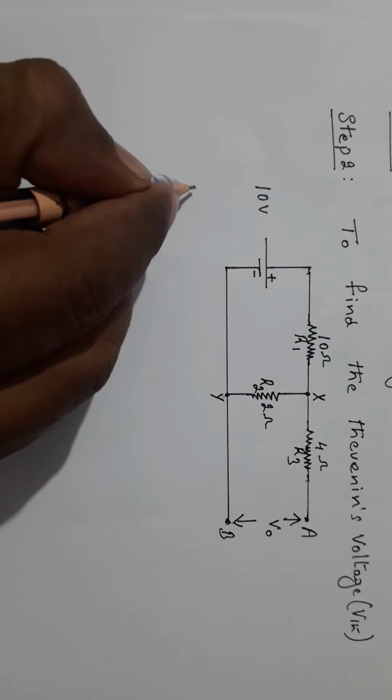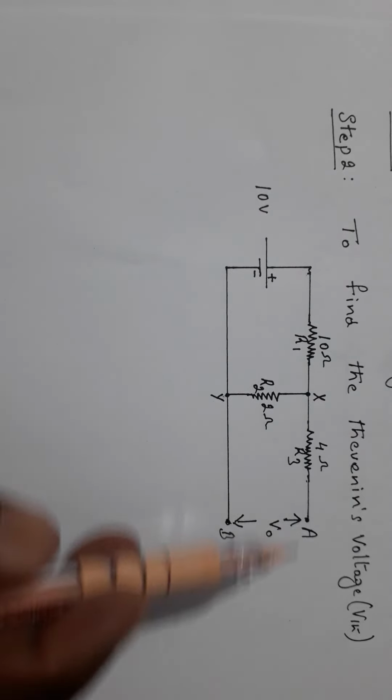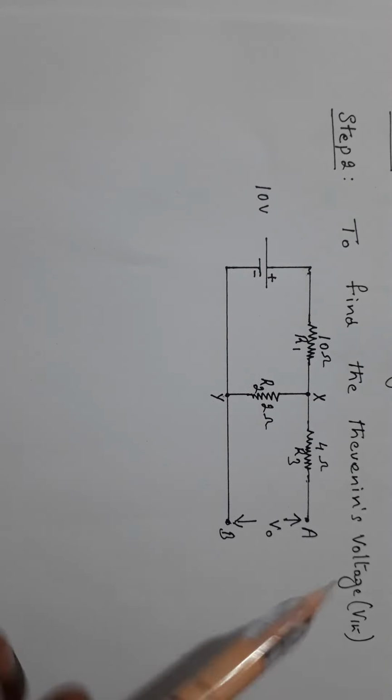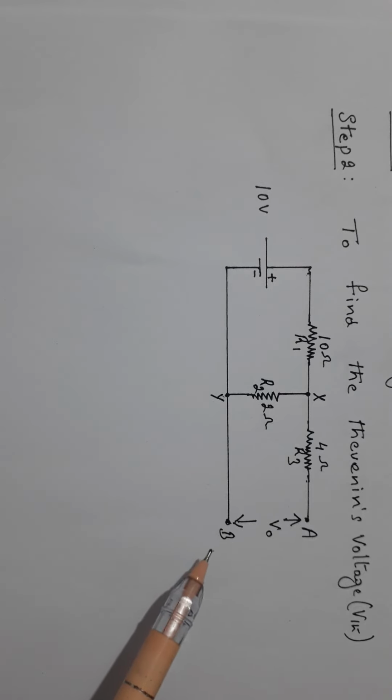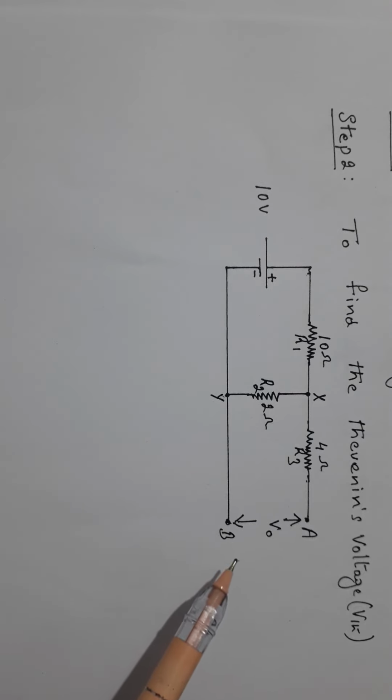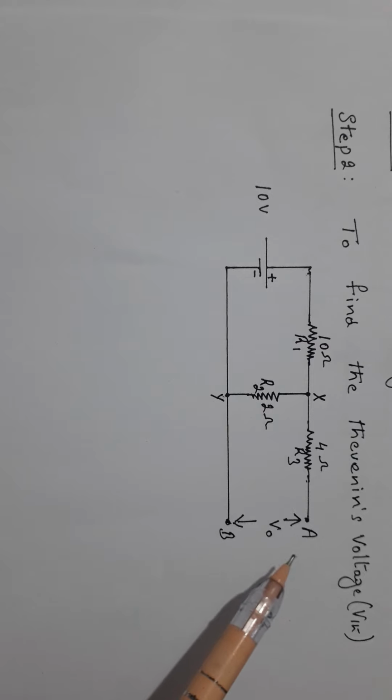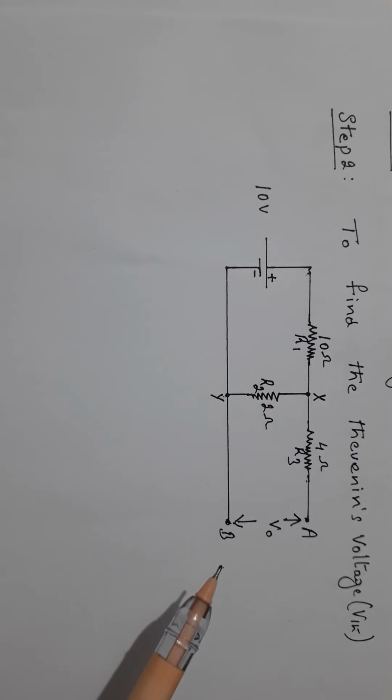We know, to find the Thevenin's voltage VTH, remove the load resistance by open circuit in which the current is to be found and find the open circuit voltage, that means VO, which appears across the two terminals A and B, where the resistance has to be removed.